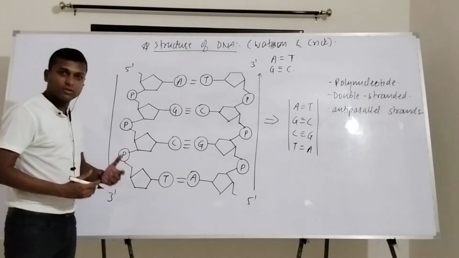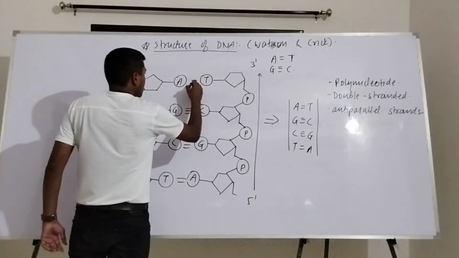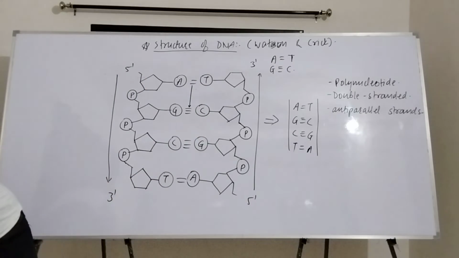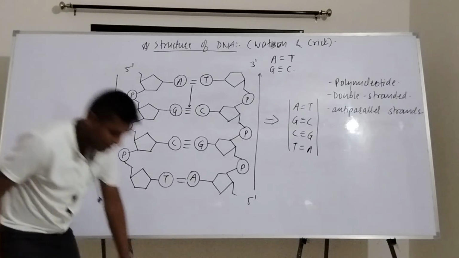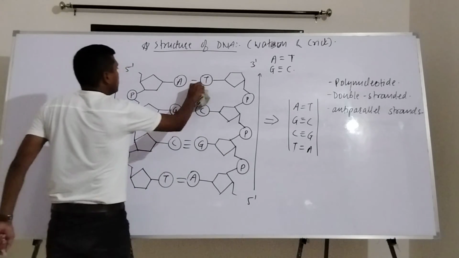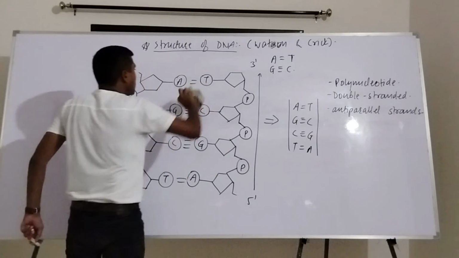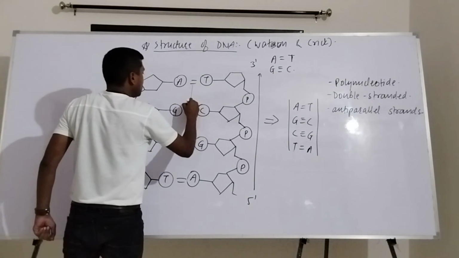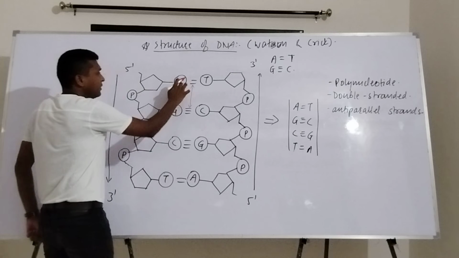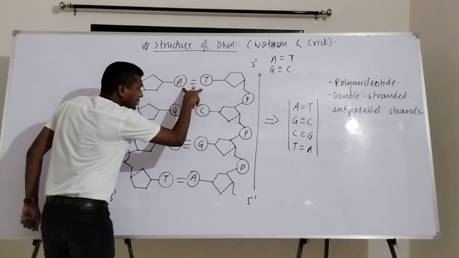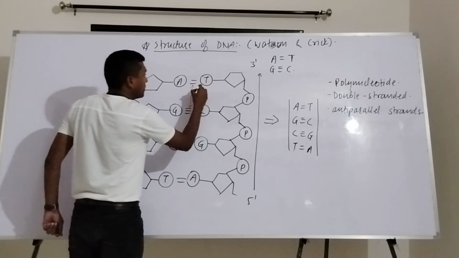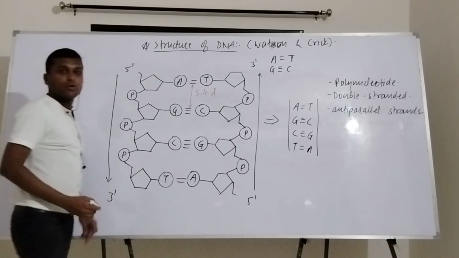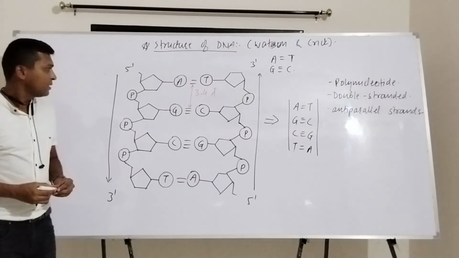Now, if we talk about some of the dimensions, then the distance between this base pair and this base pair is around 3.4 Angstrom units.